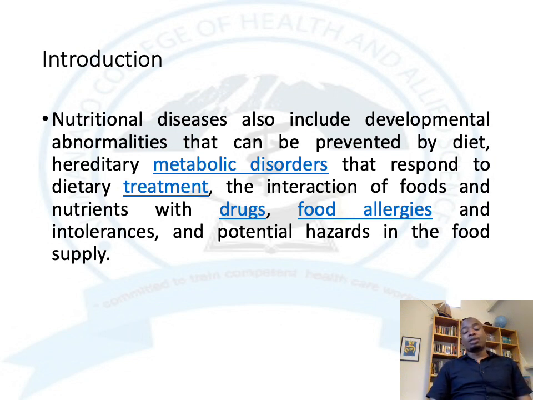Assume someone is eating toxic aflatoxin from a food product with fungus; it may end up causing liver cancer. So all diseases related to nutrition, whether someone is taking food in excess, or in deficiency, or whereby the food contains a toxic substance that is causing disease, altogether we categorize as nutritional pathology.